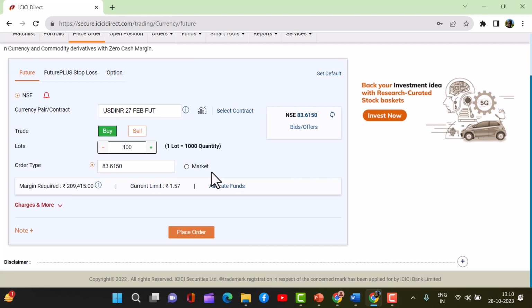If the price goes beyond, suppose the price has gone up, my trade will not be entertained. Because if the dollar goes to 84 the moment I put my order, the exchange says sorry, we can't buy at 83.61 because the next best bid or offer is at 84. So my order will not get executed.